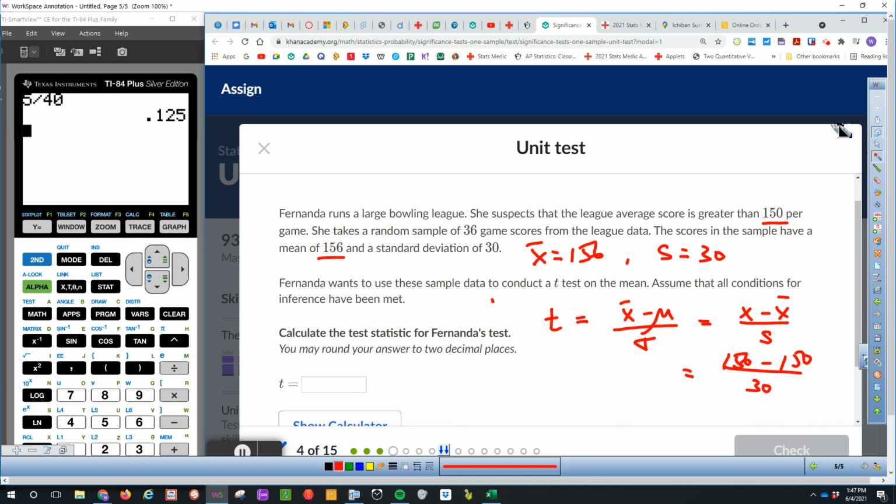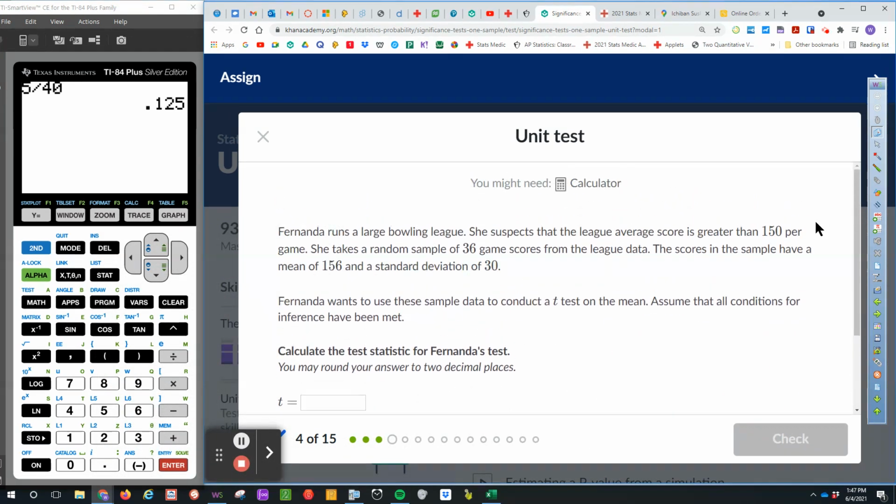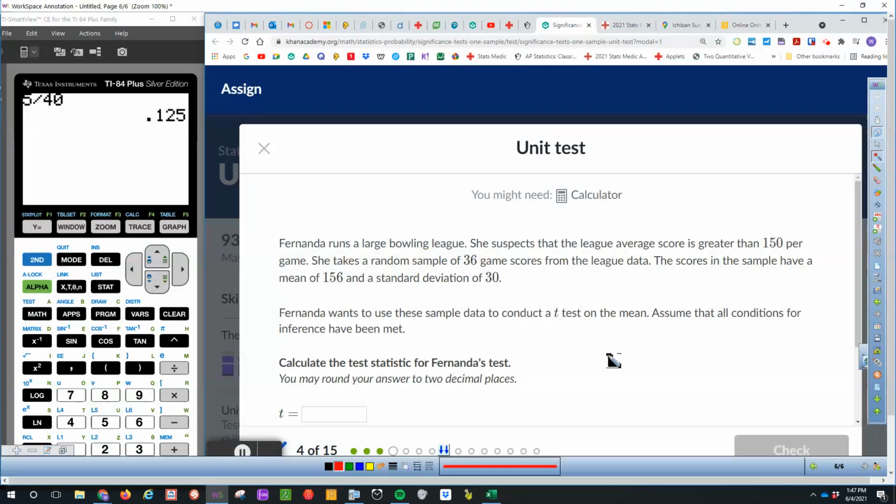Okay, so I'm trying to figure out what is the mean and what is the standard deviation, because the t statistic is given by this. I know that it's x minus mean divided by standard deviation, right? Population standard deviation.